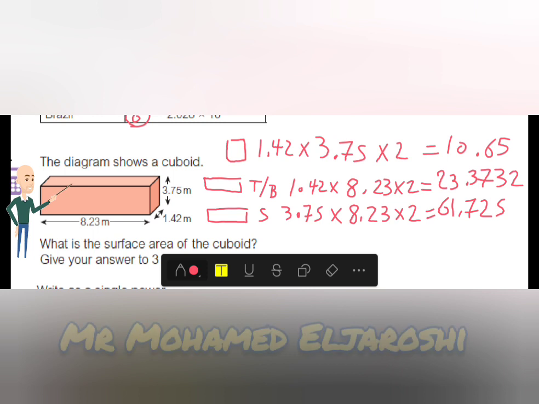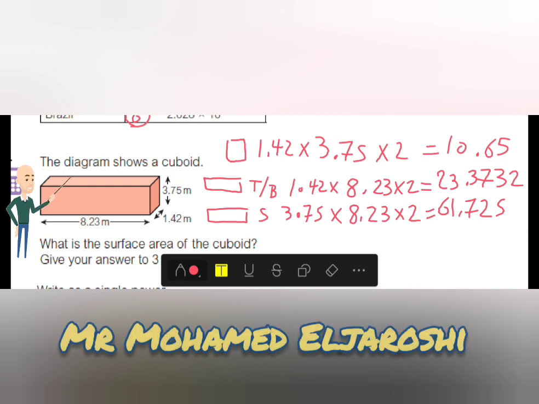61.725. Now, after finding all the areas of all sides, I'm going to add them together and they will make the surface area of the whole cuboid. Now let me add them together here using the calculator.